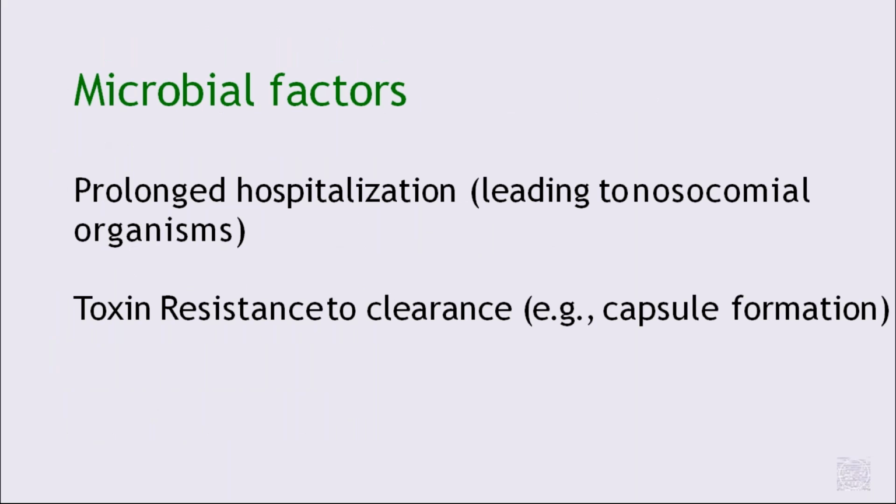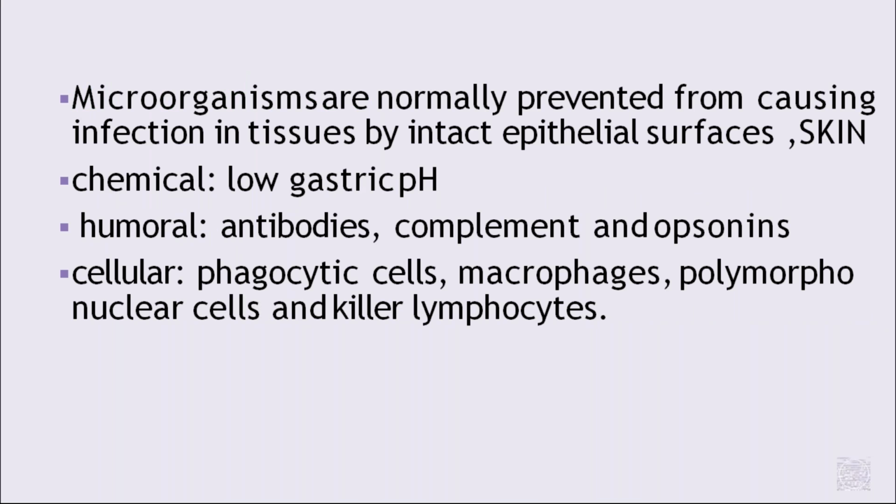So what are the microbial factors? Prolonged hospitalization, which leads to nosocomial infections, and toxin resistance to clearance, for example capsulated organisms. Microorganisms are normally prevented from causing infection in tissues by epithelial surfaces and skin.